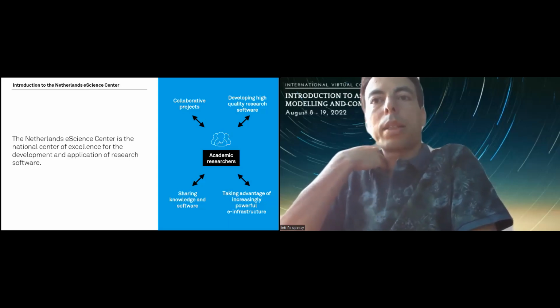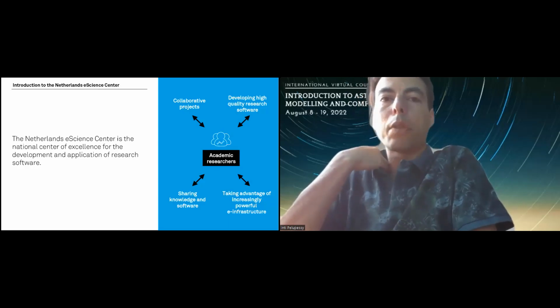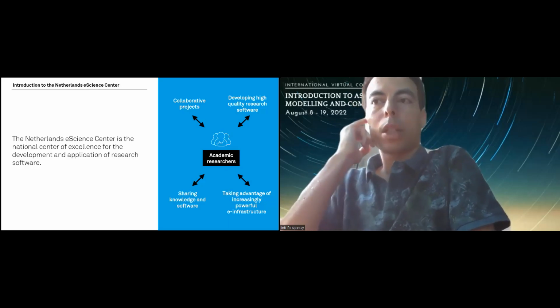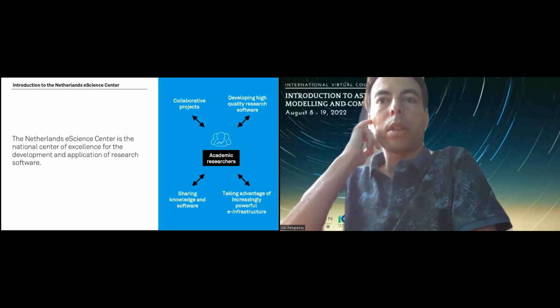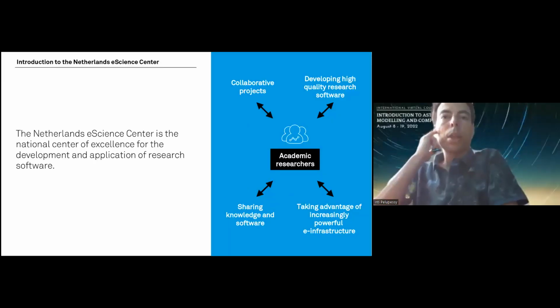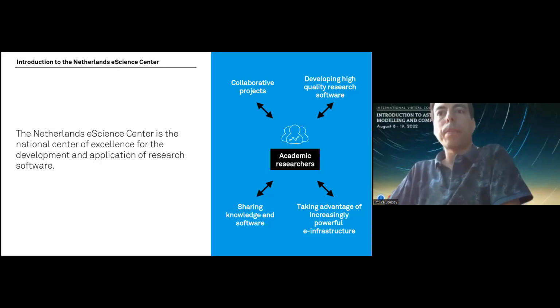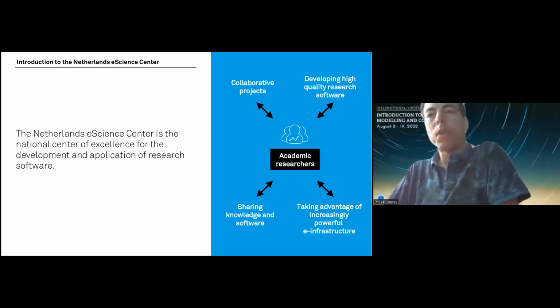This is more and more being developed as a career path, because research software engineering is recognized as a separate skill, and more and more universities and institutes recognize this and set up eScience research software groups or they hire them.